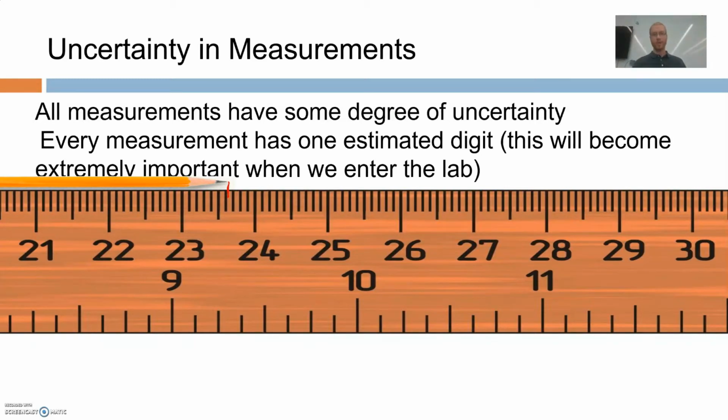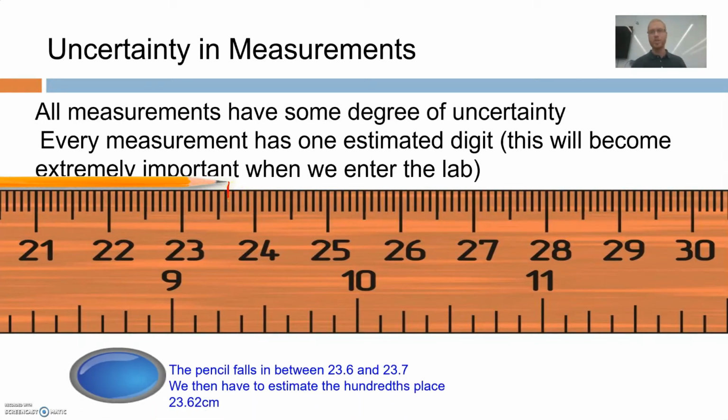It's not quite halfway, so we're going to estimate that that's 23.62 centimeters. Now, is it exactly 23.62? Probably not. It's an estimate. But as you do this more, you can estimate these numbers better. But you're always going to estimate one digit in any measurement. And then you're going to put a unit on it so that it means something.